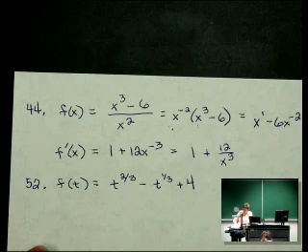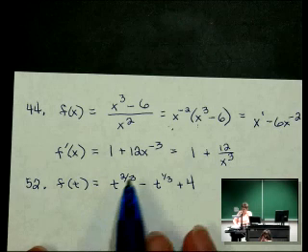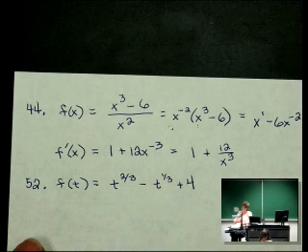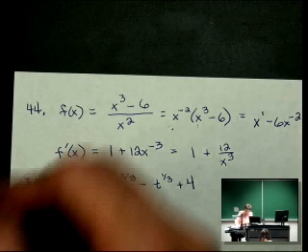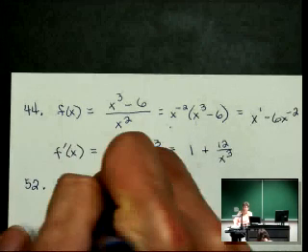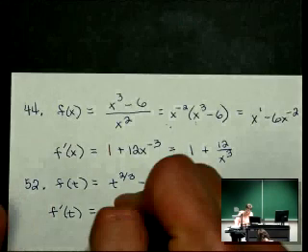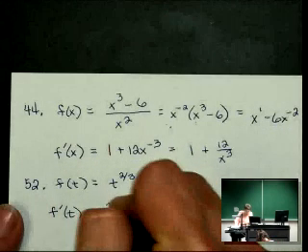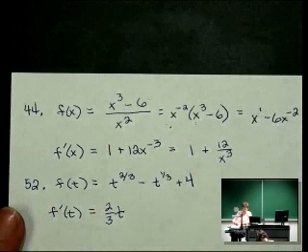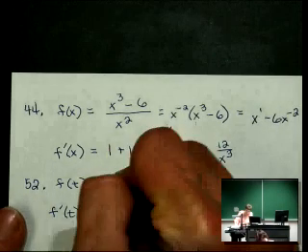Yeah, it's already a constant times t to a power. I can use the power rule. F prime of t. What's the derivative of t to the 2/3? 2/3 t to the negative 1/3. You need to be able to do 2/3 minus 1 in your head. 2/3 minus 3/3 is negative 1/3.